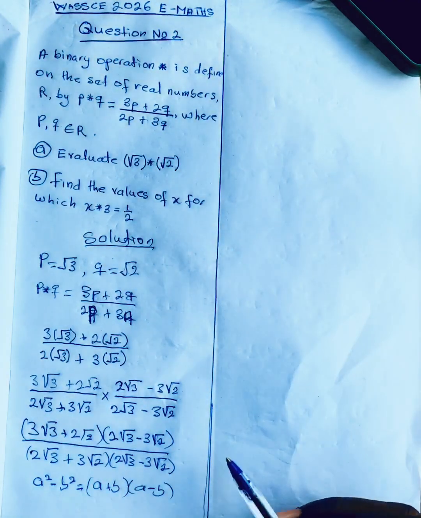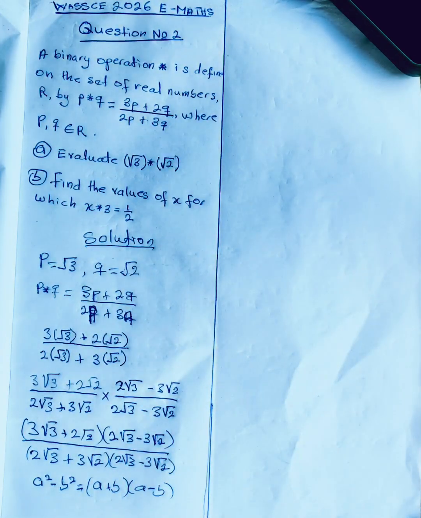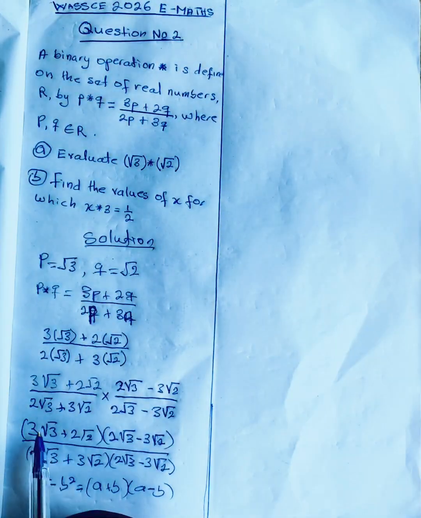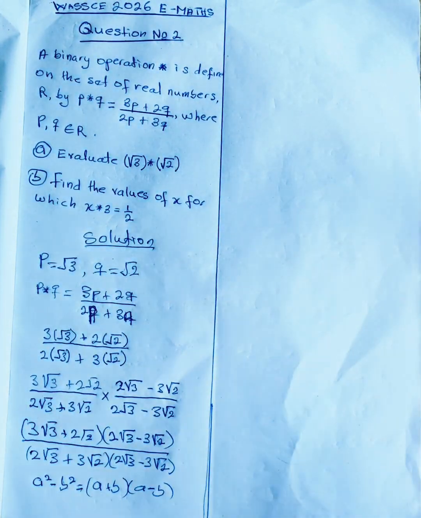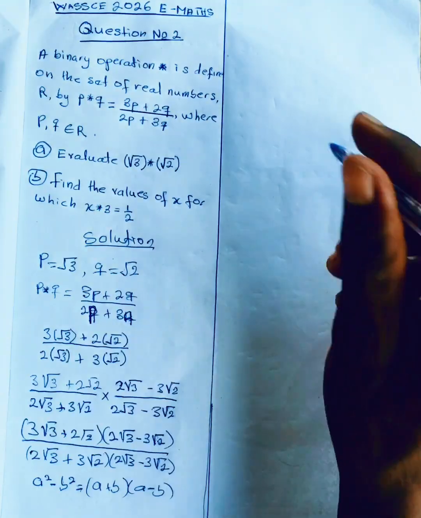So we are going to apply that at the denominator. Now let's move to this side, where we are going to distribute this over this, so this one will multiply this, and this one will multiply the other.